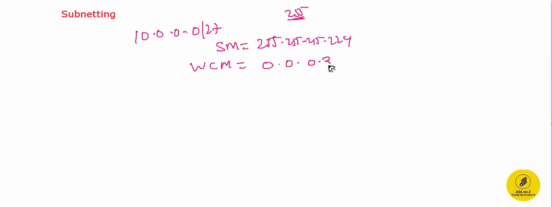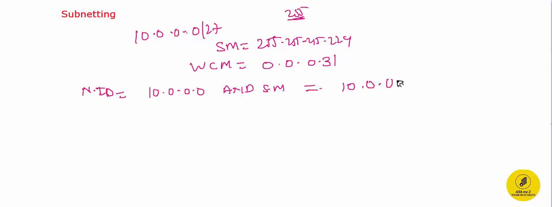That turns out to be 0.0.0.31. Then you find the network ID. To find the network ID, you do a logical AND between the given IP and the subnet mask. When you do that logical AND, it turned out to be 10.0.0.0.